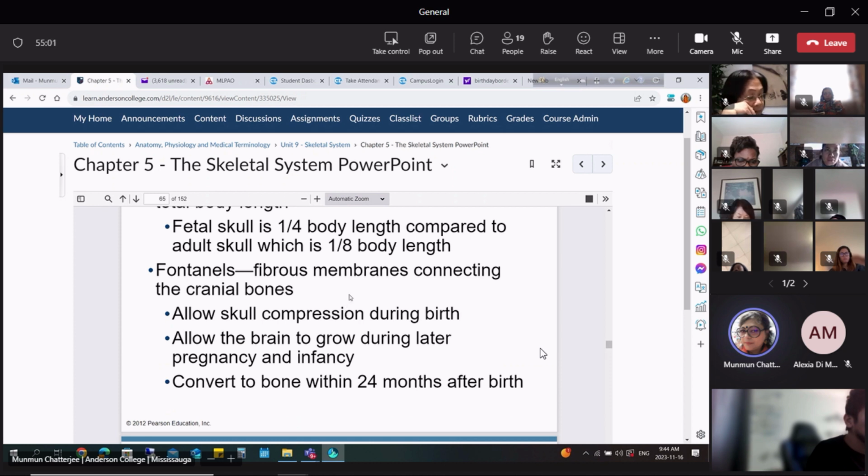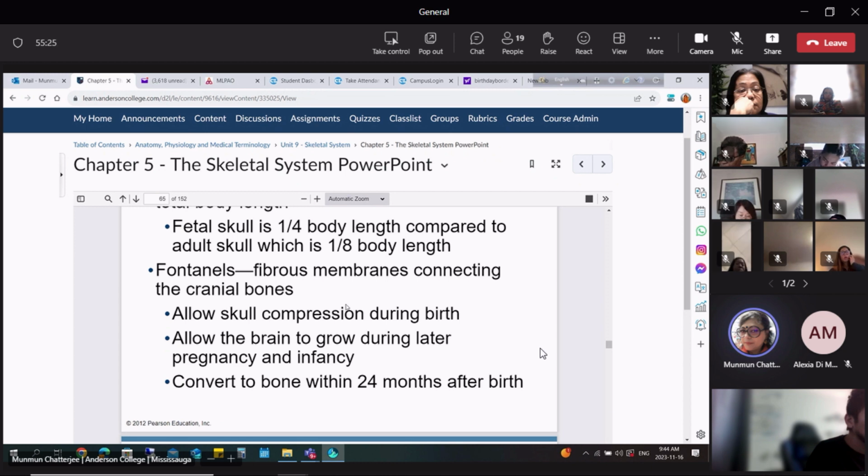What are the fontanelles? These are the fibrous membranes connecting the cranial bones. At that time the sutures are not totally developed. That's why, up to 6 months, you can see the baby's head is very soft on the upper part, because it's not sutured properly.